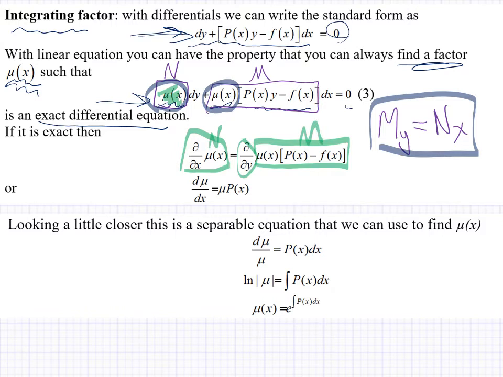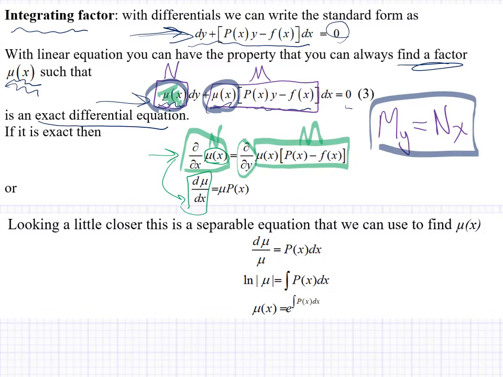Now, if you're doing the partial derivative of a function of x with respect to x, that's the same thing as doing just a standard single variable derivative. It's the derivative of a function of x with respect to x. There's no other variables here, and so this would be just the derivative of mu with respect to x. So that's just a standard derivative there on the left-hand side.